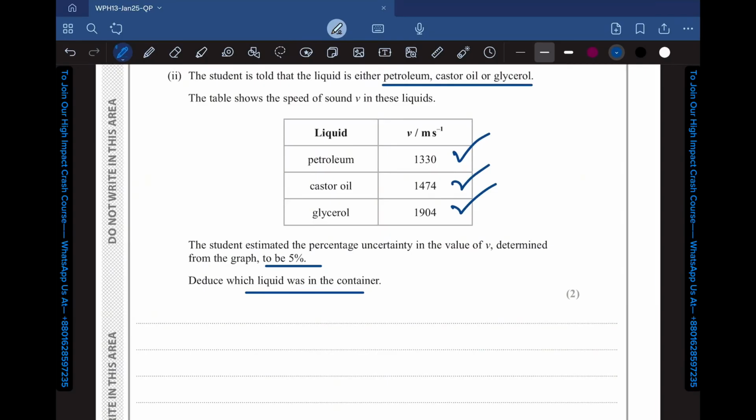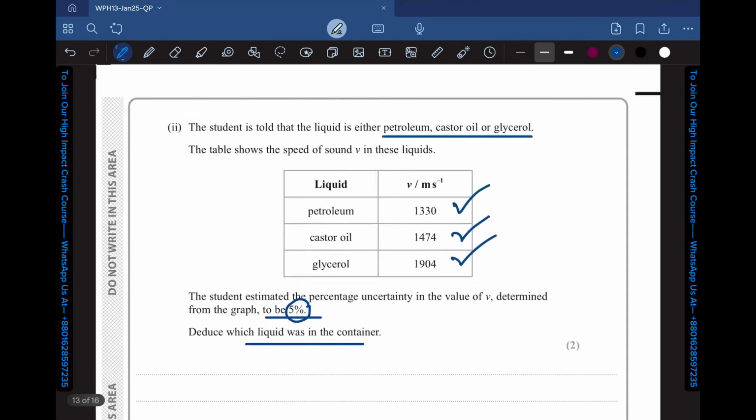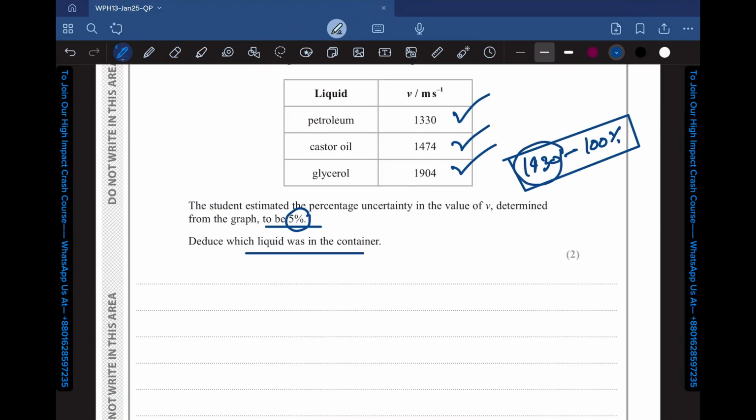All right, so as it has a 5% uncertainty, what was the value that we actually calculated? The value that we calculated was 1430. So if it has a 5% uncertainty, 1430 was actually 100%, right? So if something has a 5% uncertainty, we will increase this value by 5%, and we will also decrease this value by 5%.